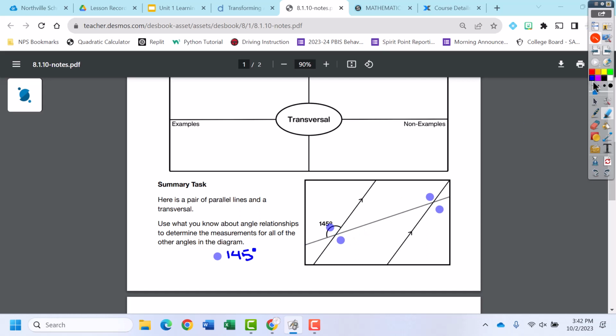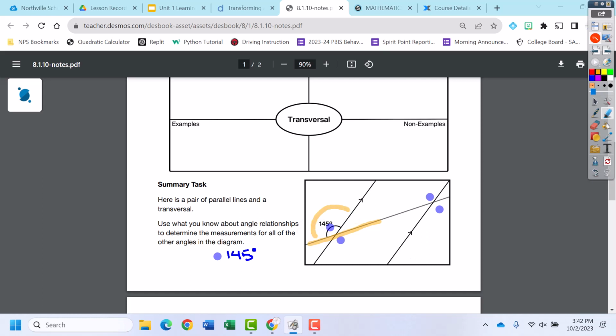And if we think just a little bit, I'm going to just mark this line real quick. Now, there are 180 degrees in a line. And if the blue dot represents 145 of them, then I should be able to find the rest of those degrees that make up 180.